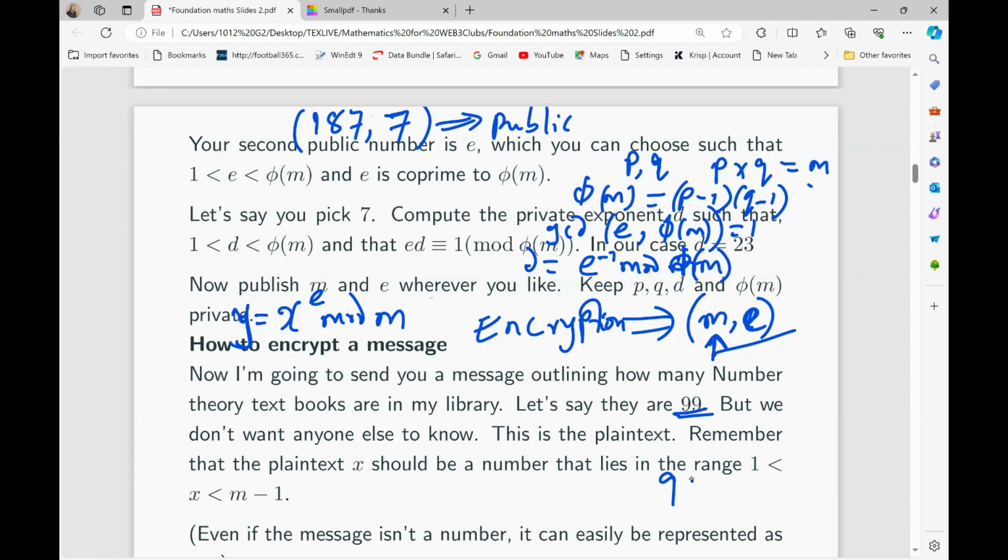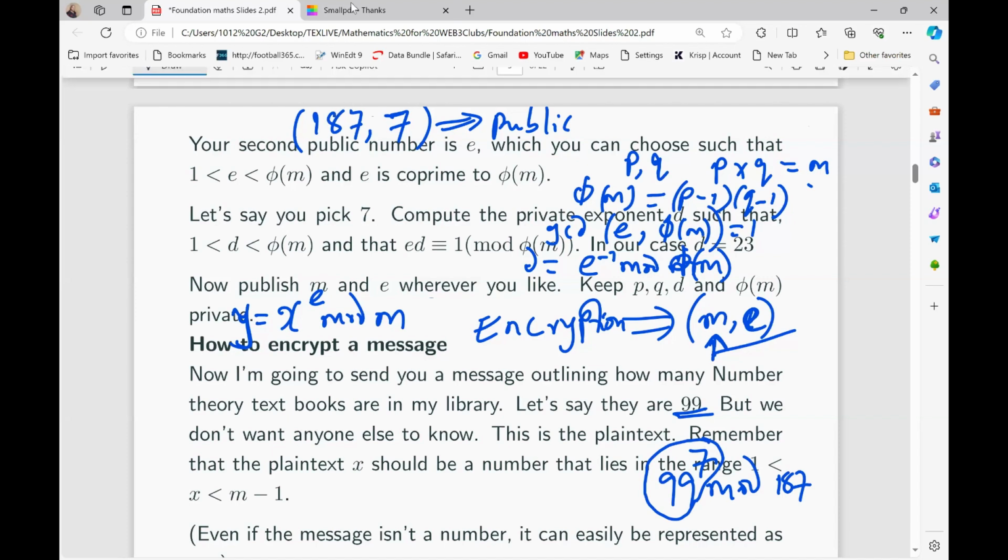So I'll take my 99 and raise it to 7, and then mod 187. I use the fast power algorithm to find that, and then I send it to you.